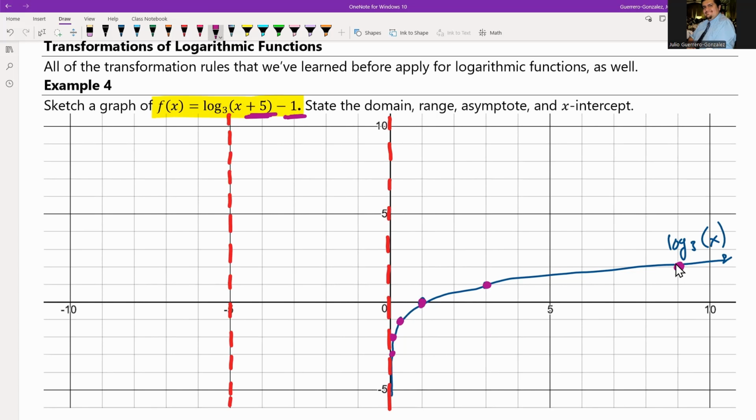So this point, left 5, 1, 2, 3, 4, 5, down 1. Remember how I said to do a couple just by hand, just to get yourselves used to it.